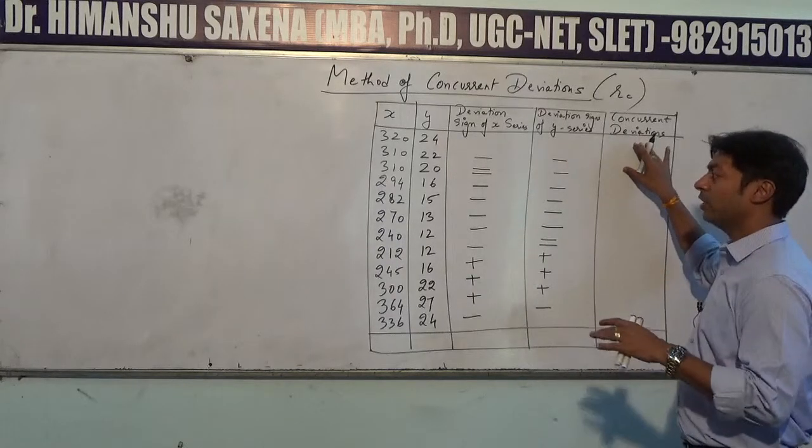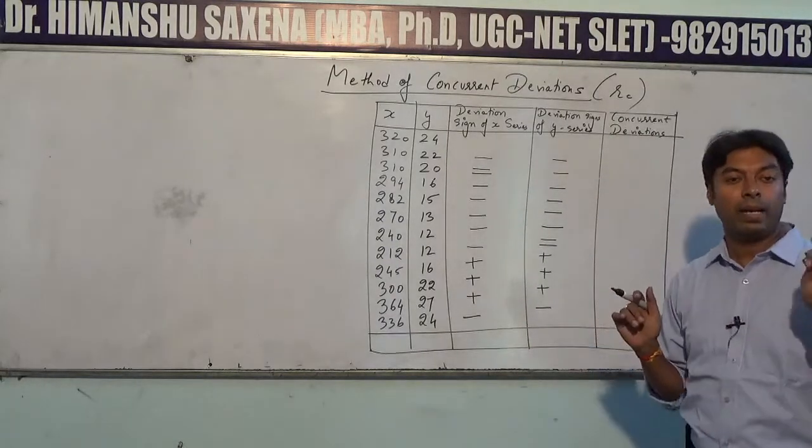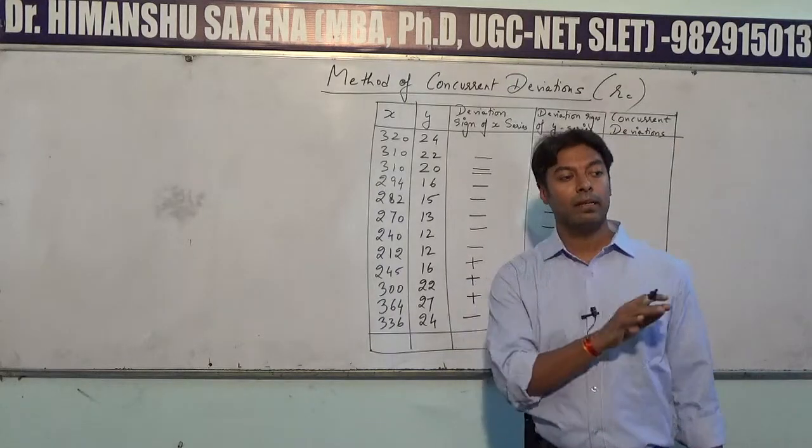Now concurrent deviations will be calculated by multiplying the deviation signs of X and Y series.